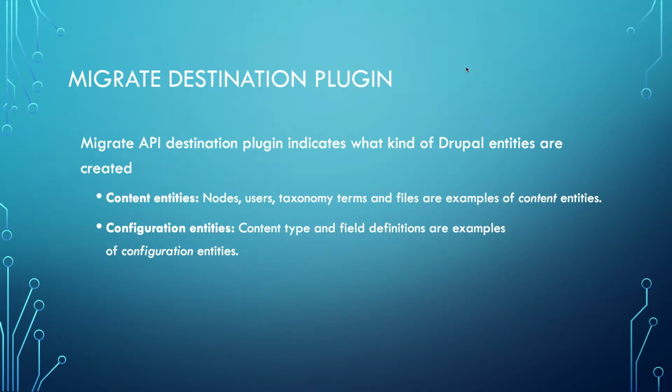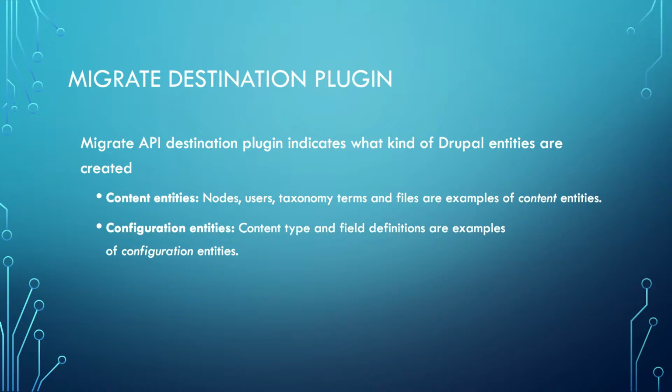So the destination plugin. I'll also give an overview in the actual file. Your Migrate API destination plugin indicates what kind of Drupal entities. There are 2 types of Drupal entities: content entities and configuration entities. Mostly with content entities you can have revisions; with configuration you cannot. Content entities include user and taxonomy terms, and there are actually a lot.